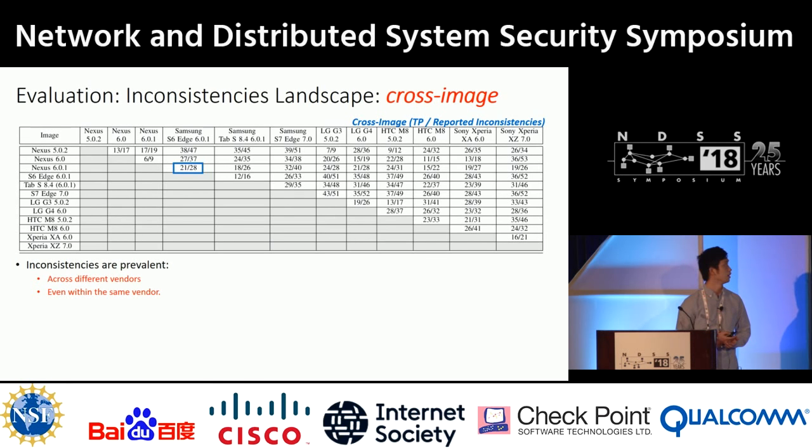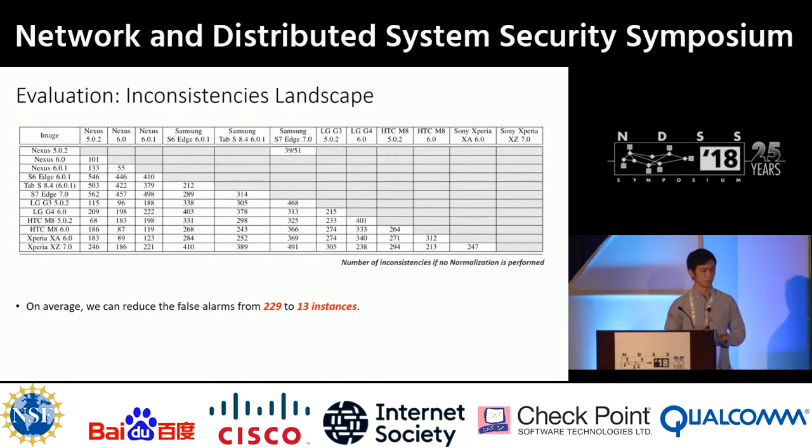For example, when comparing Samsung S7H with Nexus 6P, we find 21 vulnerabilities. When comparing Samsung Tab S with another Samsung version, we also find 12 vulnerabilities.